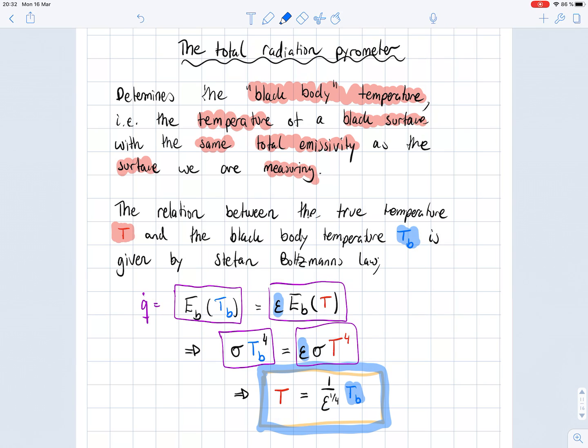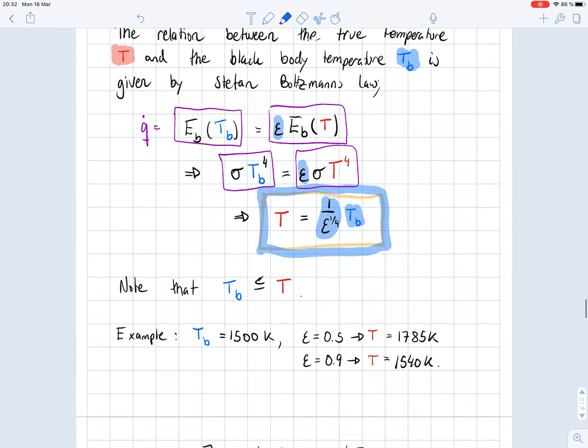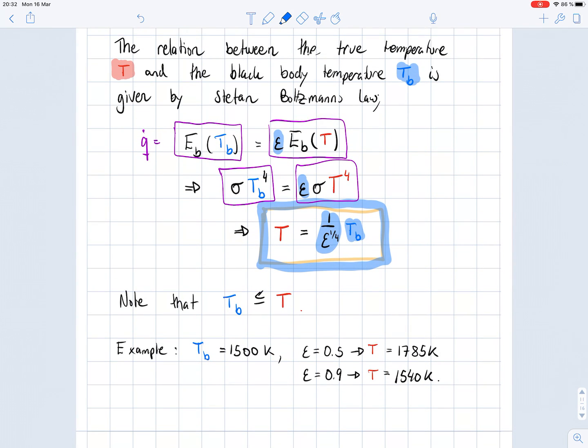It scales as 1 over epsilon to the power 1/4. This means that TB will always be smaller than T. So the temperature that your sensor gives you based on the flux will always be smaller than the actual temperature of the surface.